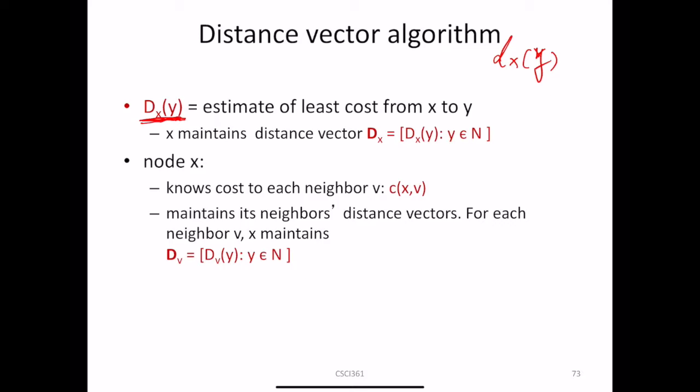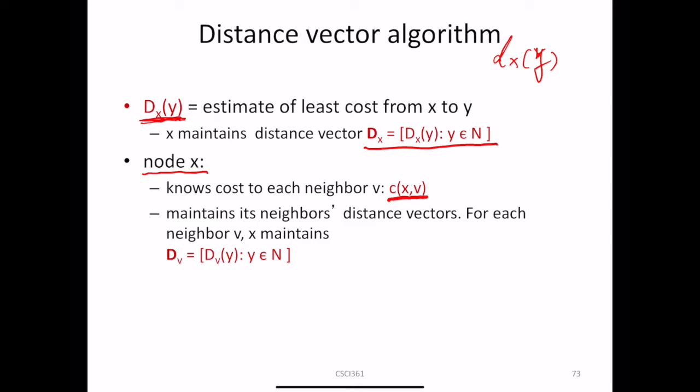And here, the x maintains the distance vector for D_x to every other router in this topology. And also for the node x, it will know the cost to each neighbor v.